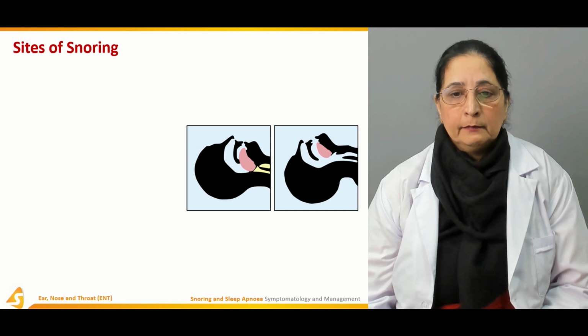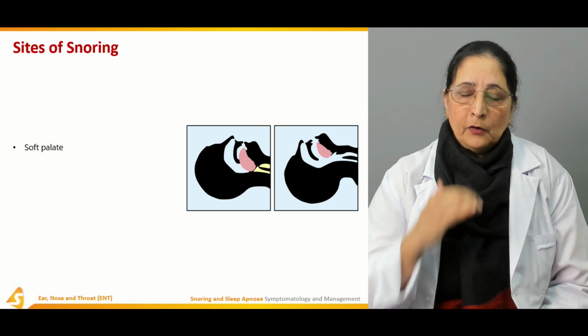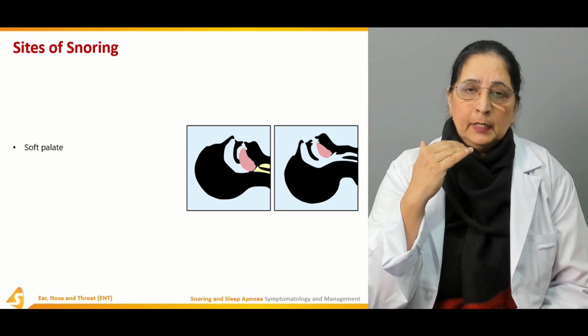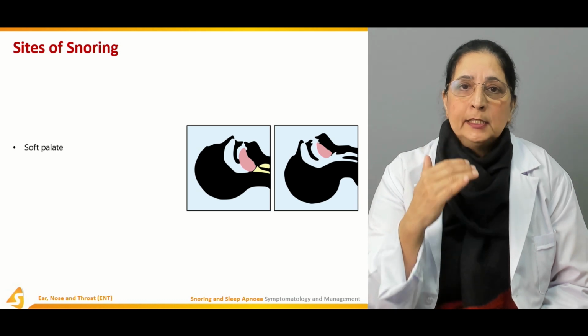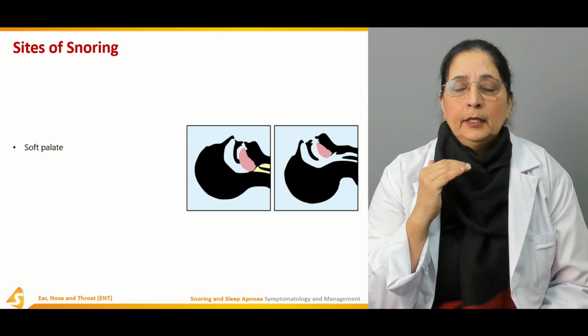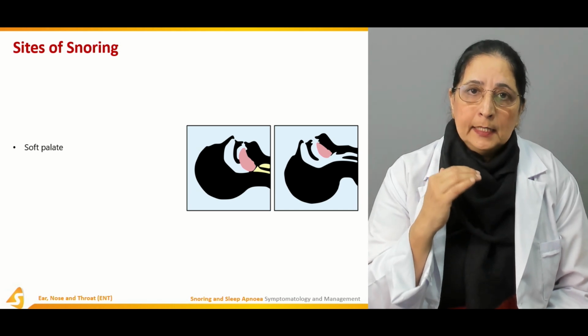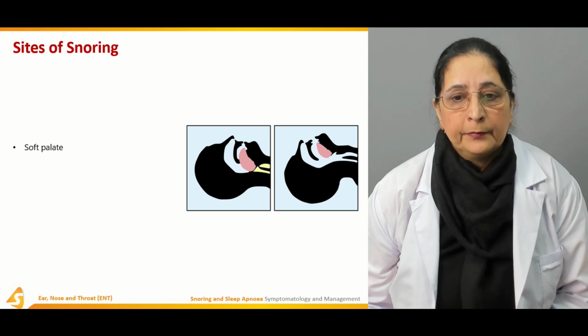Among the sites of snoring, we have the soft palate. The soft palate is the top portion of the oral cavity. If you touch the tongue to the roof of the oral cavity, the front is the hard palate, that's hard, and the back is the soft palate, a little softer area.